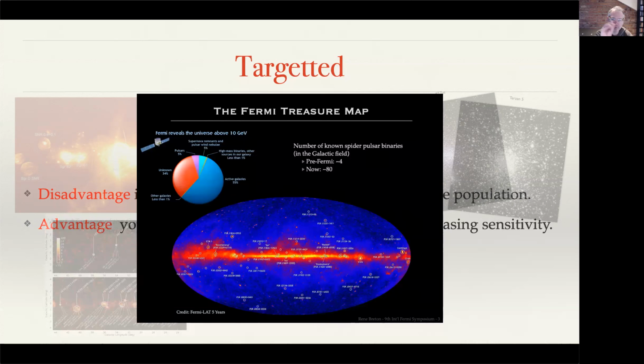And so you can find all these regions in the gamma rays, and despite the fact that the gamma rays are not particularly well localized, it still gives a nice pointer. And so far you can see somewhere around about 80 of these very interesting so-called millisecond pulsars have been found using this method. So it's been extremely successful.